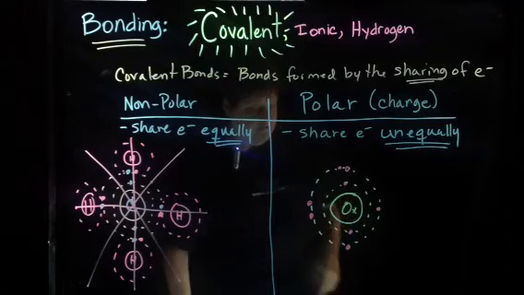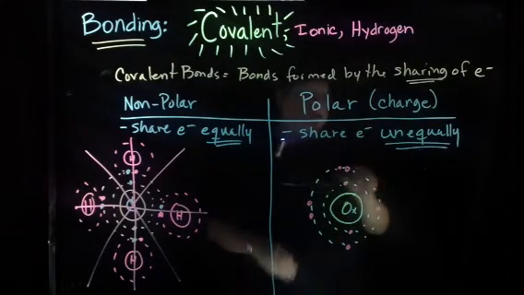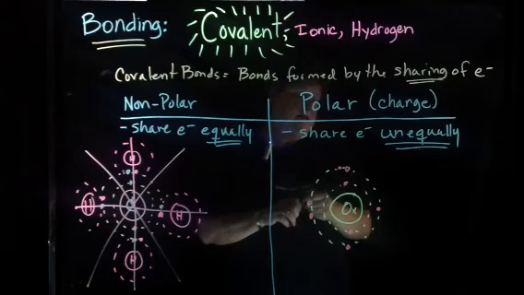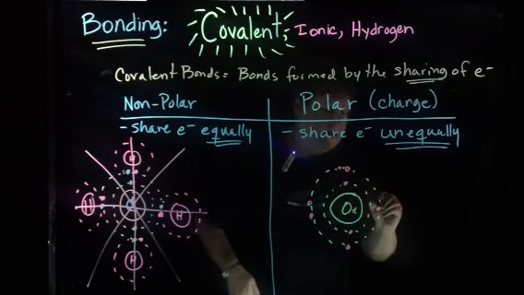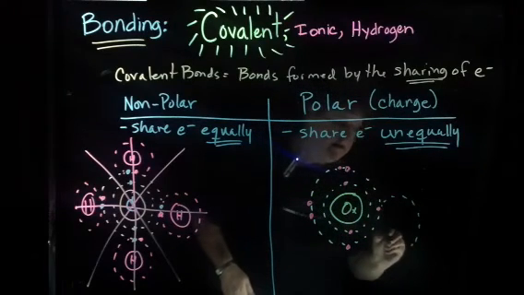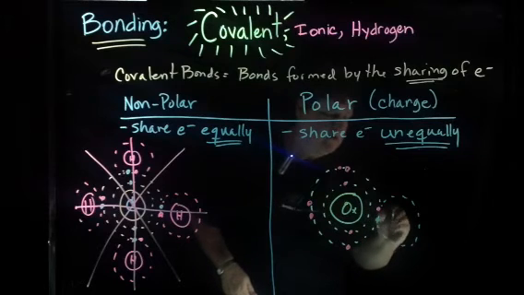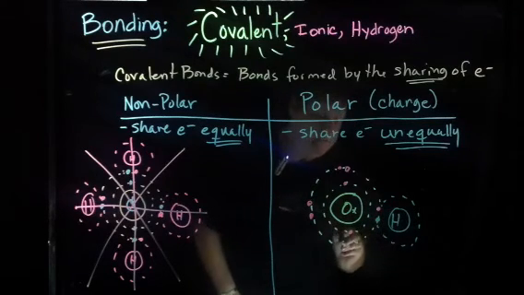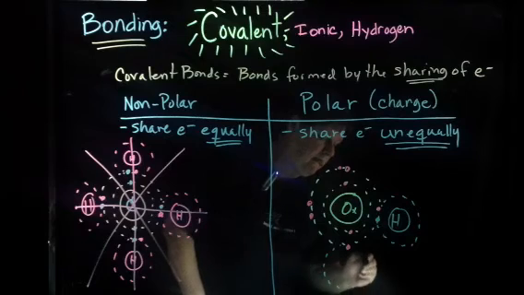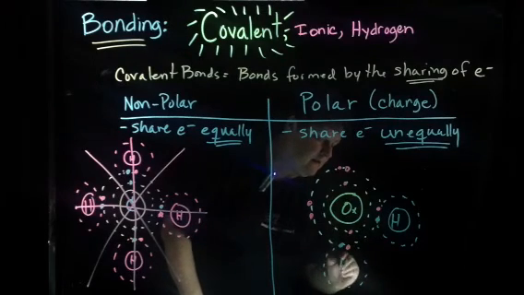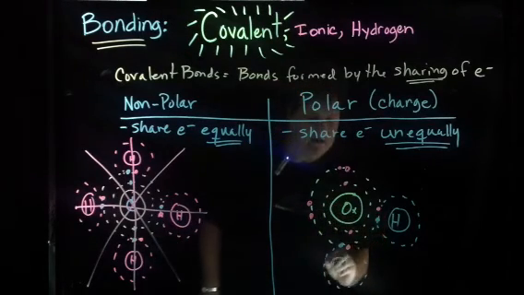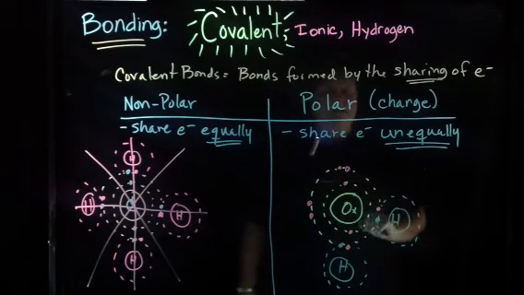Let's take, for instance, hydrogen. So if we add hydrogen to this, hydrogen is going to come in and share its electrons with this oxygen. But you will see that this is off-center.